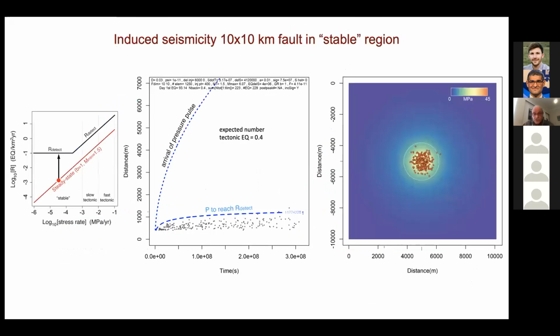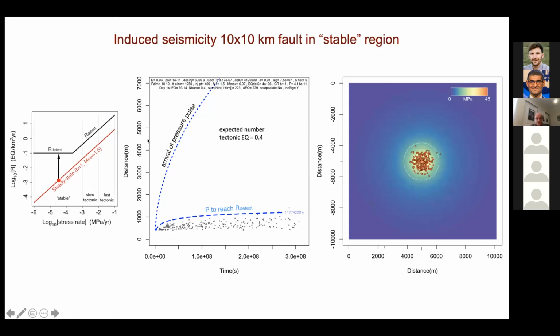Now I'll show a series of 3 figures to show the kinds of effects we might see in different areas: nominally stable areas with very few background earthquakes, moderately active tectonic regions, and then very active tectonic regions. I'll show how the induced seismicity would change for a point injection some distance from a fault. And in this case, it's a 10.